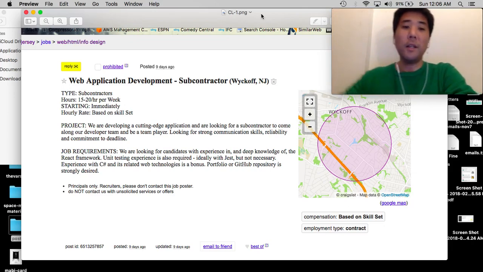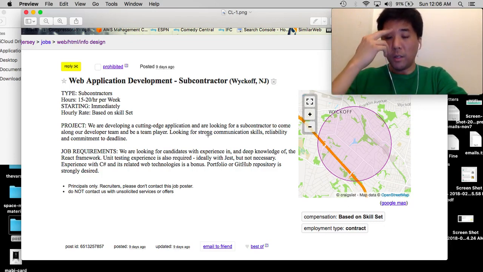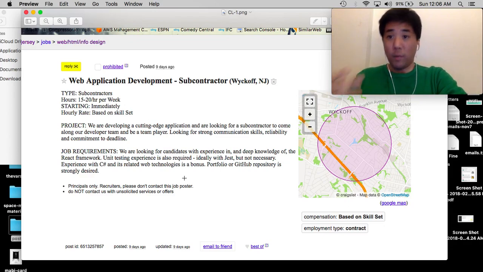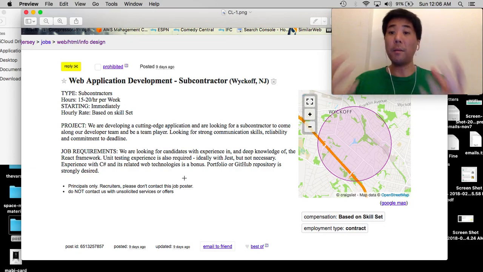Anyway, the point is, you can tell by the terminology, the language in this post, that it's by developers. It's not a recruiter. It's an actual dev shop, and so that's good. And they're using React, right? Deep knowledge of React tells me right away they have a React code base that grew out of their ability to manage it.